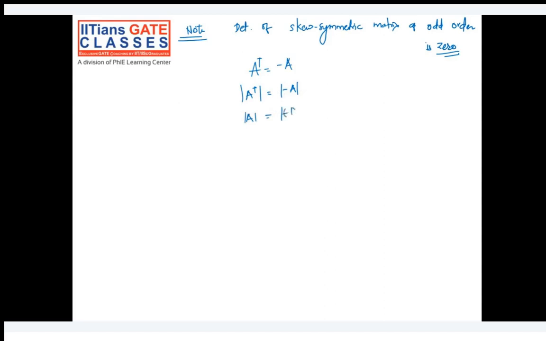Do you agree? It's like a kA, and you know how to treat it. We can write it as (-1) raised to the power n times determinant of A. Suppose n is odd, what will happen? Determinant of A is equal to -1 raised to the power n times determinant of A. This will become -1, right?